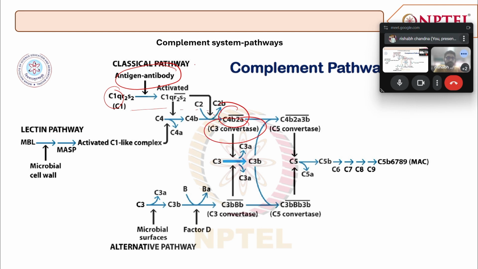The lectin pathway starts with MBL, then the cell wall, and likewise it activates the C3 convertase. And the alternative pathway directly starts with C3 and activates the C3 convertase. So all three pathways have different initiation points, but they merge on the C3 convertase, and then they form the membrane attack complex.